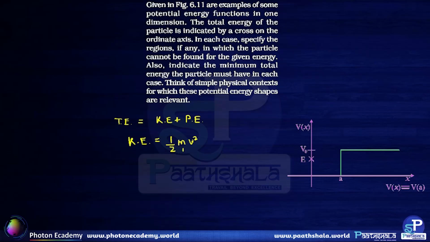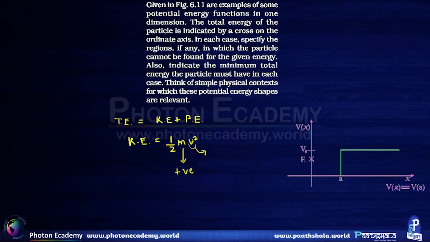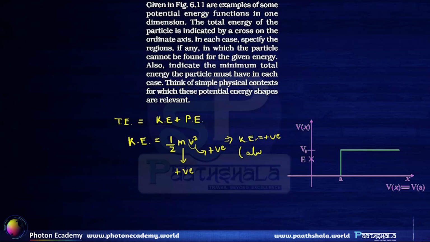Mass cannot be negative, it is always positive, and v square will always be positive. Therefore kinetic energy will always be positive. It cannot be negative in any case.